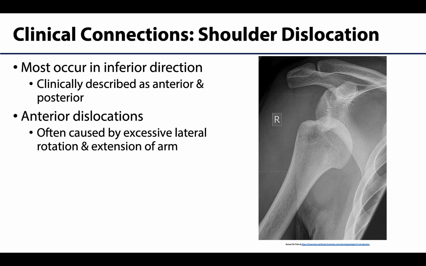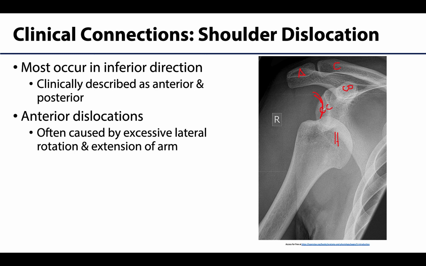And let me just label things on this radiograph because I think that can be helpful. So there's the clavicle, here's the acromion, here's the coracoid process, glenoid cavity or fossa, and then of course the humeral head. In a typical position, that humeral head should be up in this region, articulating with the glenoid cavity.